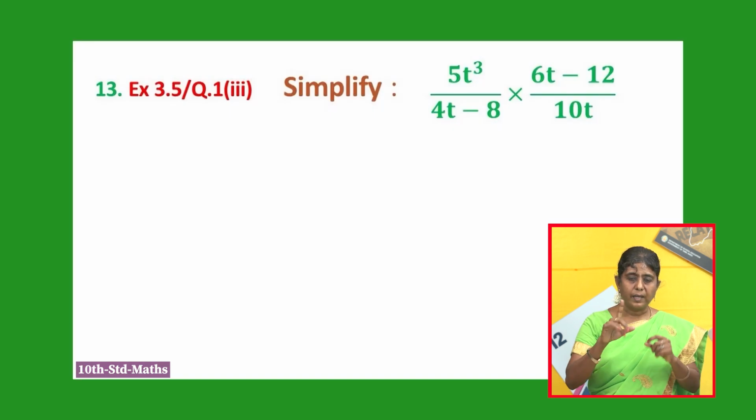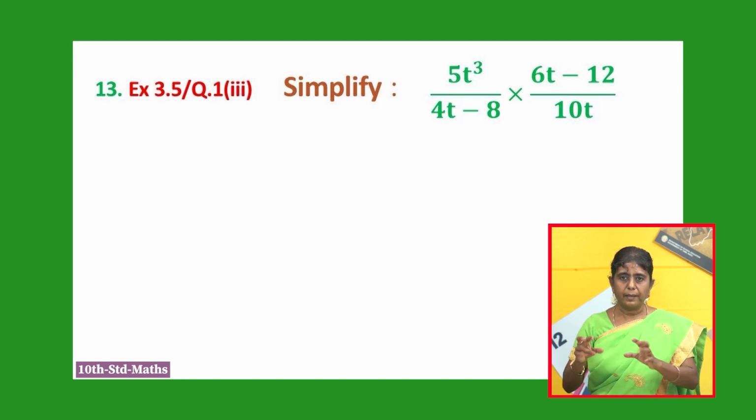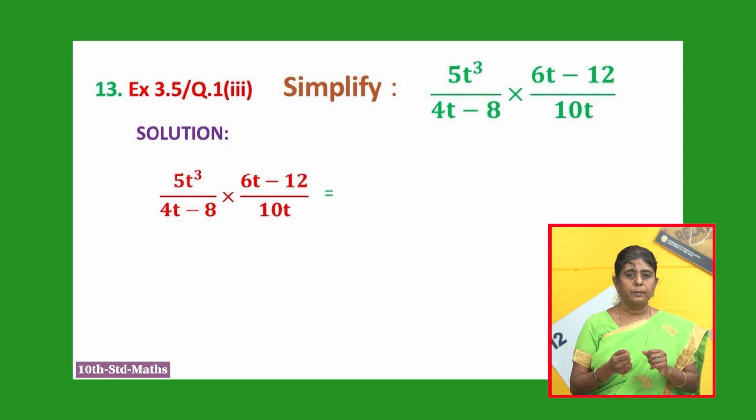Now the next question is exercise 3.5 question number 1, 5t cube by 4t minus 8, one rational expression, into 6t minus 12 by 10t. So what we have to do? In the first rational expression, denominator 1 we have to take 4 as common.